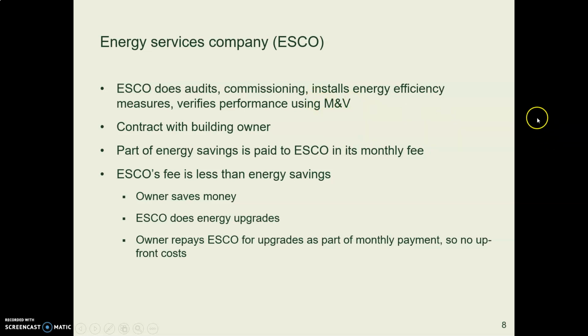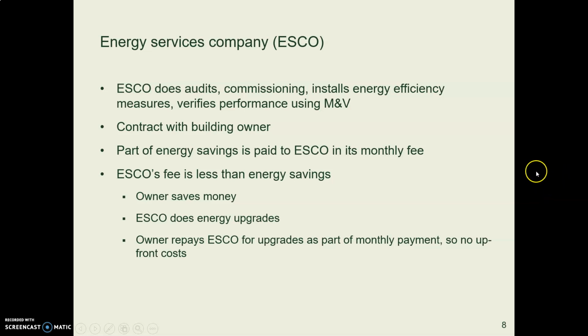They identify energy efficiency measures and get them installed. They do the M&V verification. And because they're doing all that, the owner saves money on their energy bill. And they use part of the money that they saved on their energy bill to pay the ESCO's monthly fee.